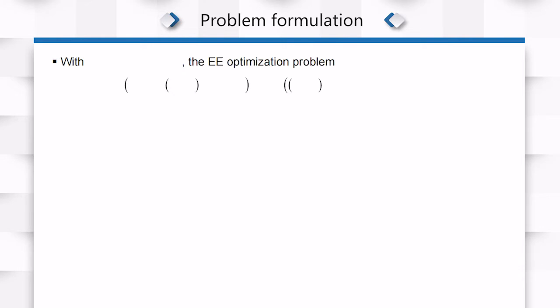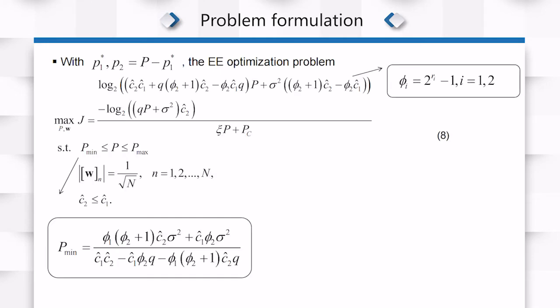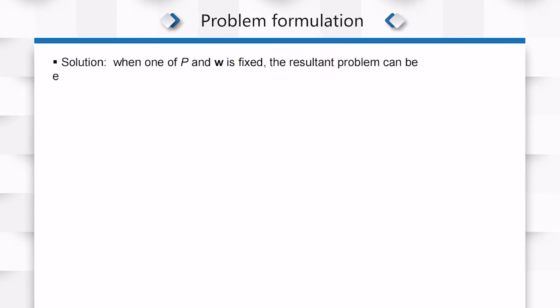With the optimal P1, we can rewrite P2, and the energy efficiency optimization problem is formulated as equation 8, where Pmin is obtained by the rate constraint of user 1. We can observe that when one of P and the beamforming vector ω is fixed, the resultant problem can be efficiently solved.